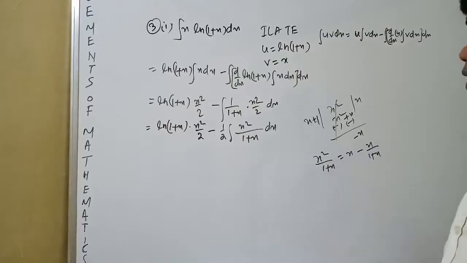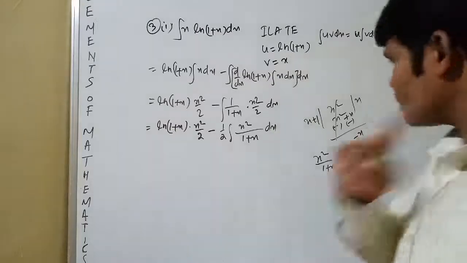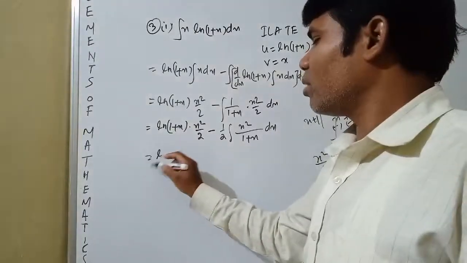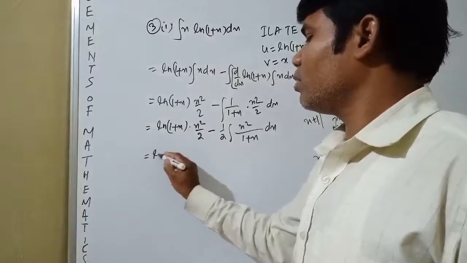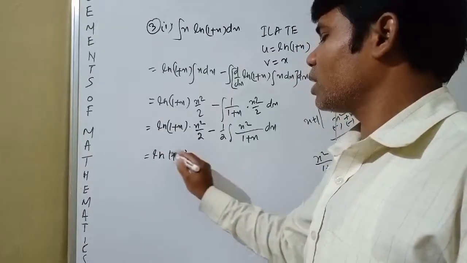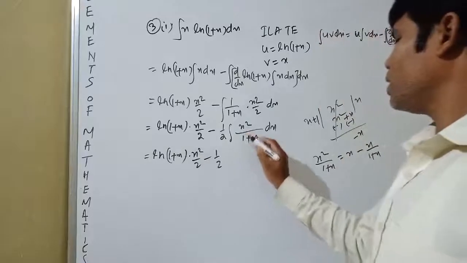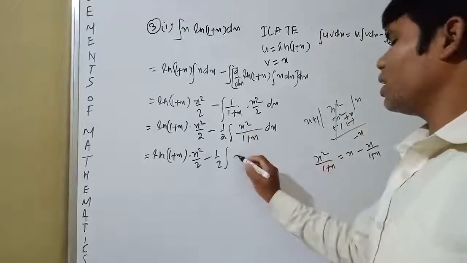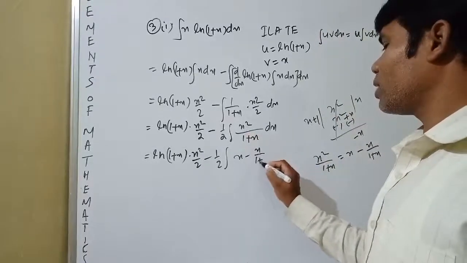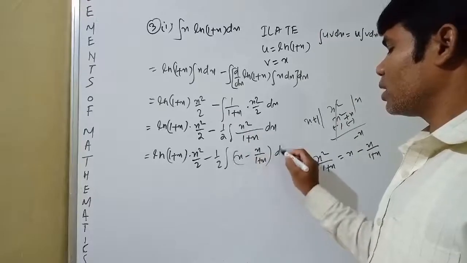You have to write it like this. So it is equal to ln(1 plus x) times x square by 2, minus half of the integration of x minus x by (1 plus x) dx.